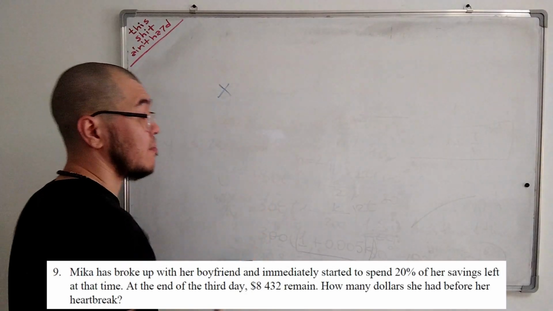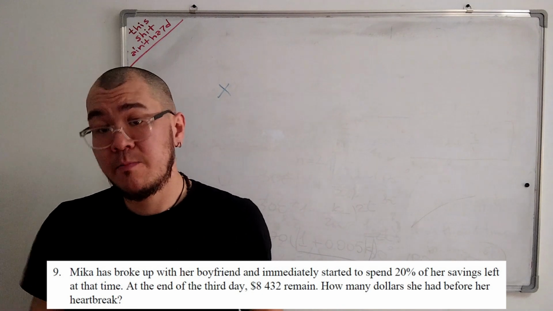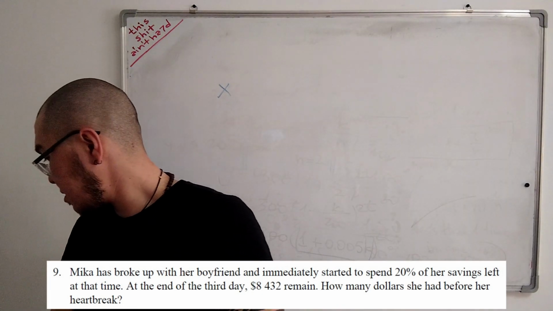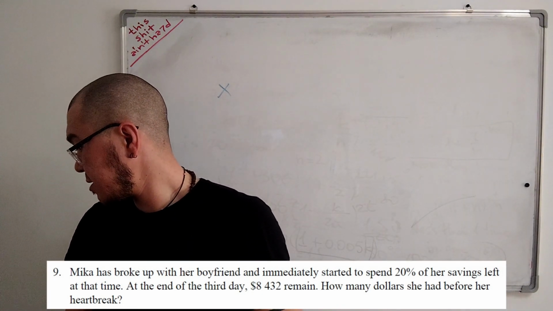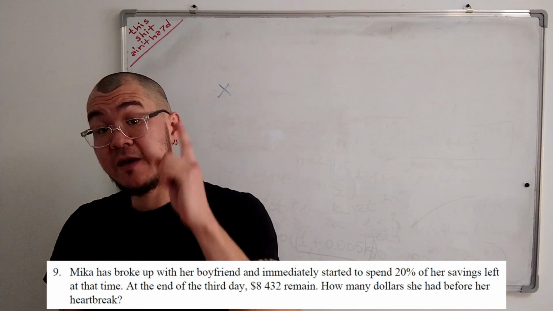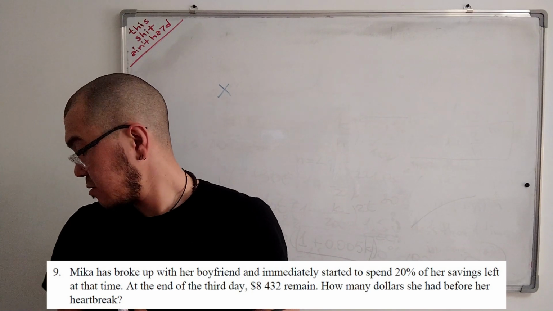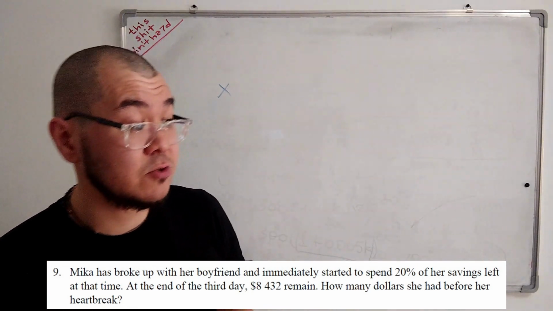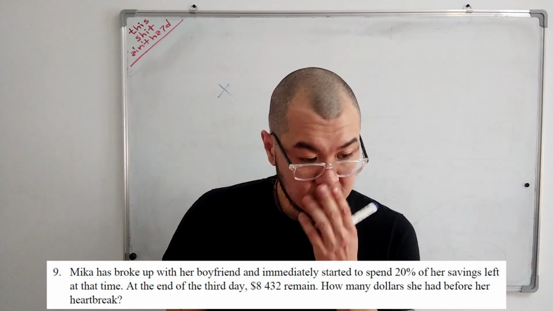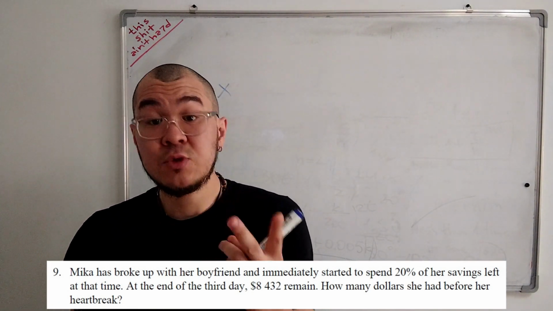She has some amount of money, then she broke up with her boyfriend and started to spend 20% of her savings left at that time. At the end of the 3rd day, so she was spending her money 2 days.